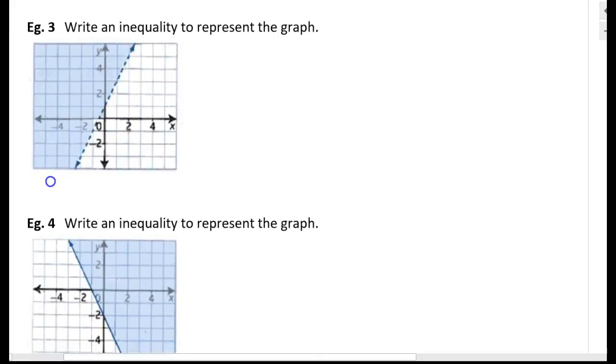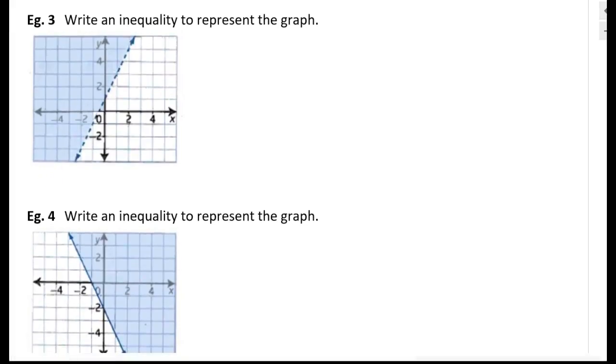Okay, so working backwards. Can you write an inequality to represent the graph? How I like to do this is step 1, write an equation, and then just tweak it based on your kind of dotted or solid line and where it's shaded. So again, I love me my slope-intercept form.